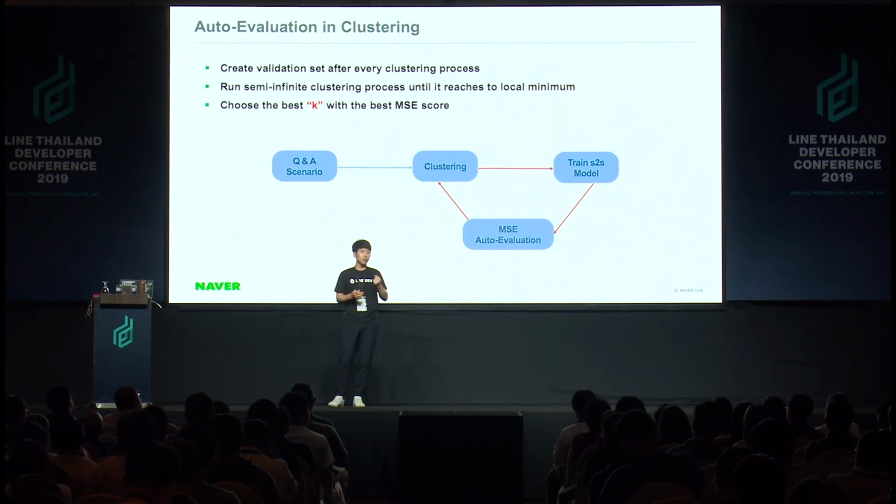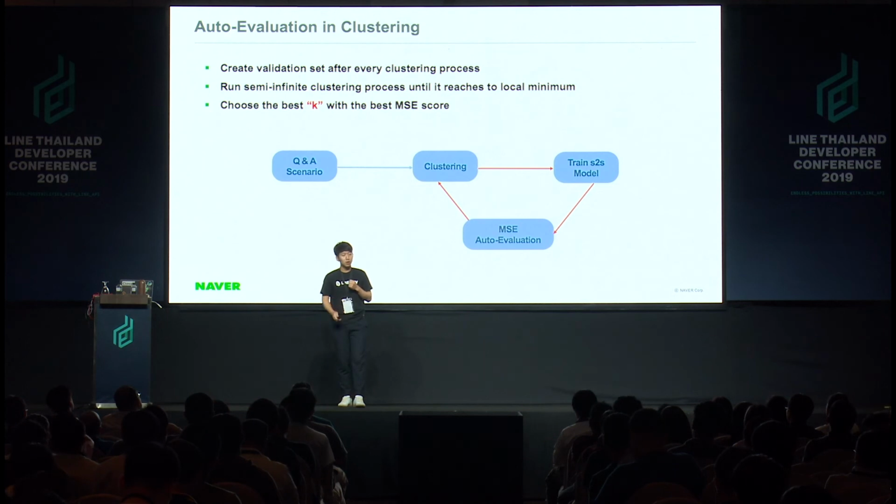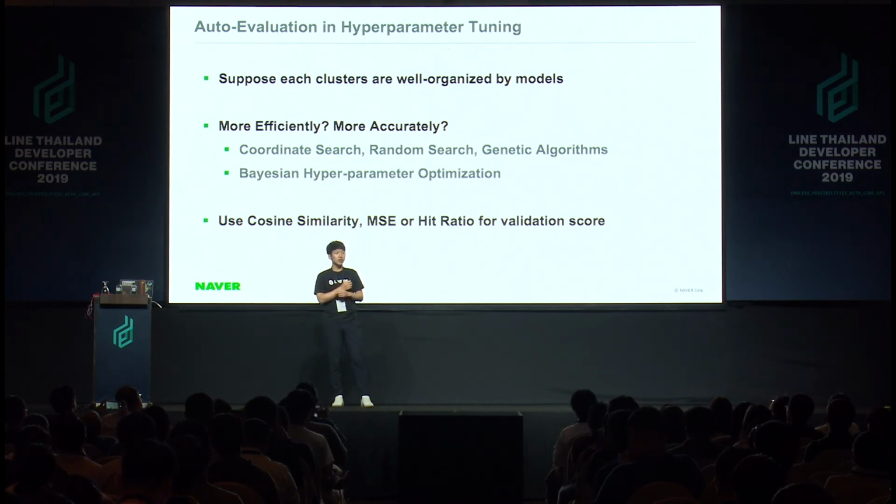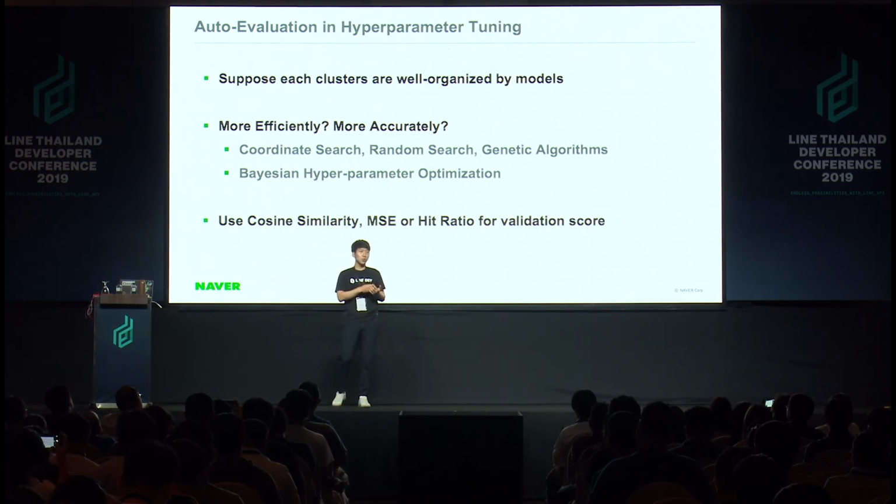Then we remove those 10 scenarios. We also do hyperparameter tuning based on those three different validation scores. With them, we can find which hyperparameter combination is best for each domain.